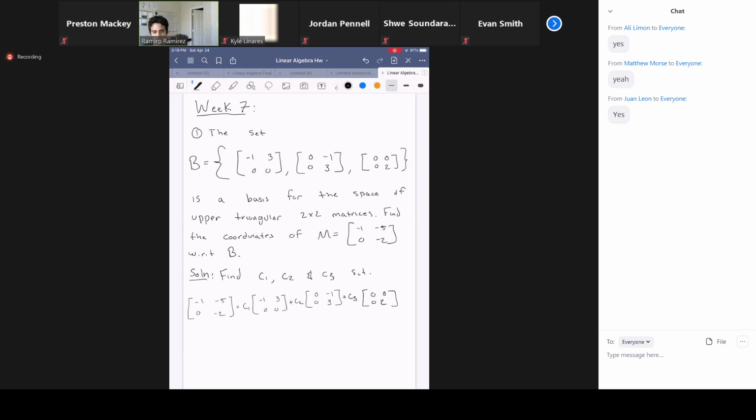Okay, so as soon as we find these C1, C2, C3, these will become the coordinates of M with respect to B, okay?